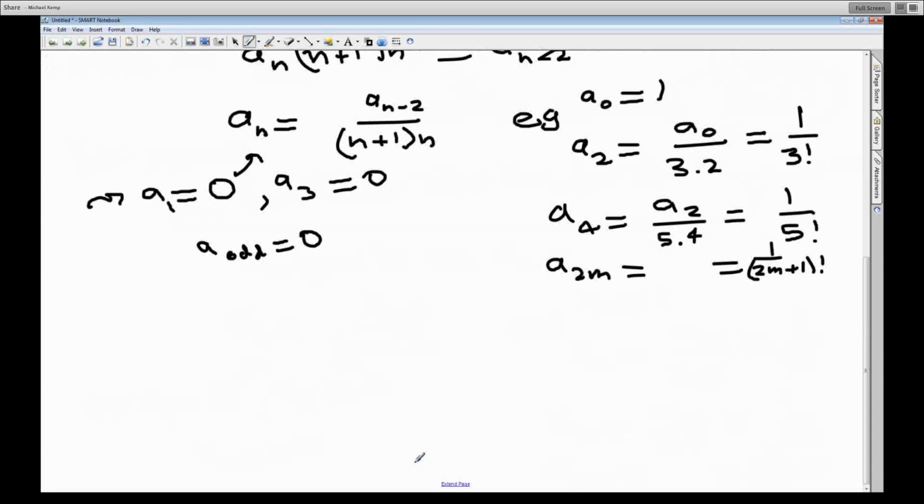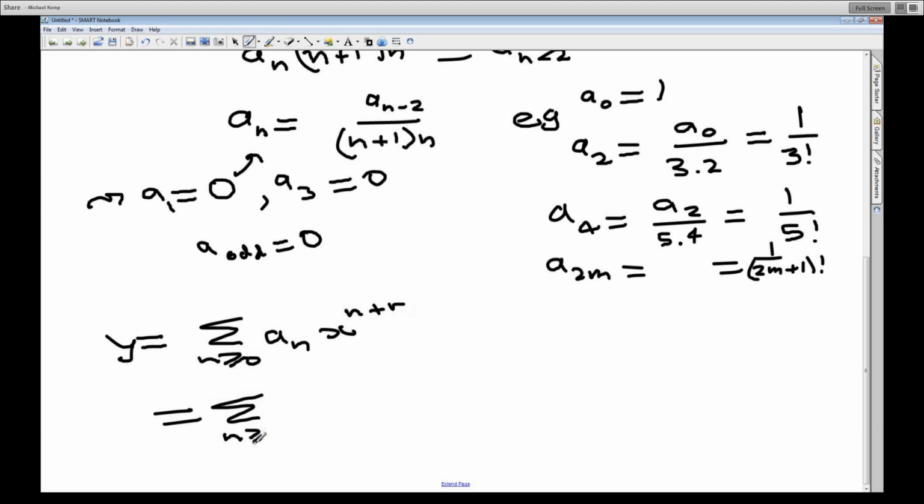So putting it all together, one solution for this particular expression is y equals the sum over n greater than or equal to 0 of an x to the n plus r, that's what I said. We now know what everything is. If it was an odd term, they just disappear, so there's no point putting it in.